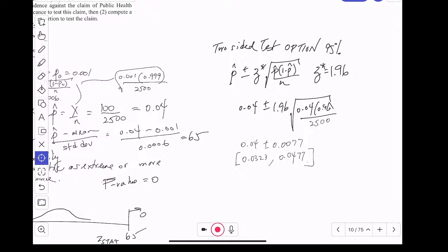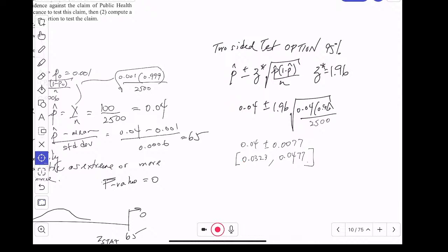representing all the values, technically in statistical terms, close to or similar to p hat. And what we're going to do now is check if the hypothesized proportion falls in here. If it falls in here, then it's just as close and we haven't found anything strange.